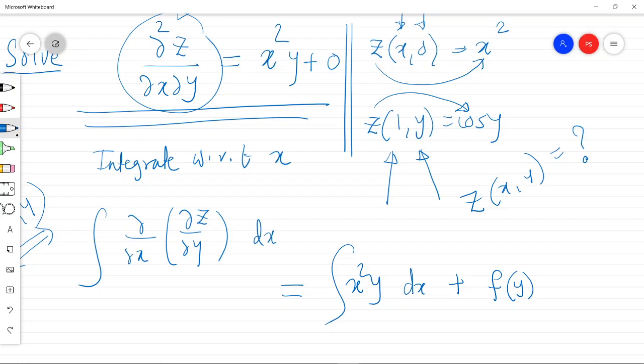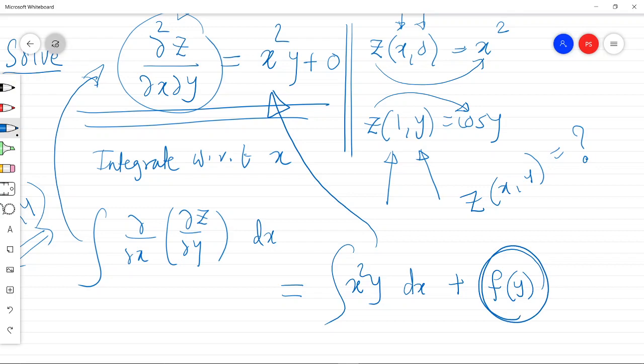Now if we check, if we differentiate this, the integration disappears and we get this particular term. And now if we differentiate f of y with respect to x, since f is a function of y only, its derivative with respect to x is going to be 0, because since this is a partial derivative, y is a constant as far as variation with respect to x is concerned.